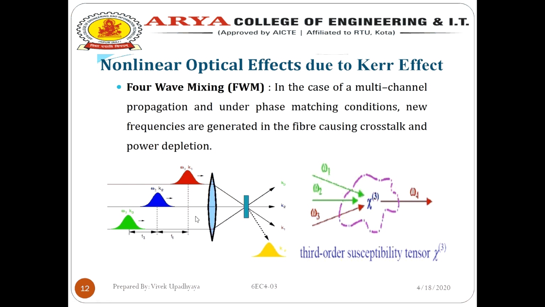So here we can see omega 1 K1, omega 2 K2, omega 3 K3. Here is the time for T2, here is the time for T1. So we can see the three parameters, K1 here, K2 here, and K3 here. Here we can see the third order susceptibility tensor, that is chi to the power 3. So it is a third order susceptibility tensor.